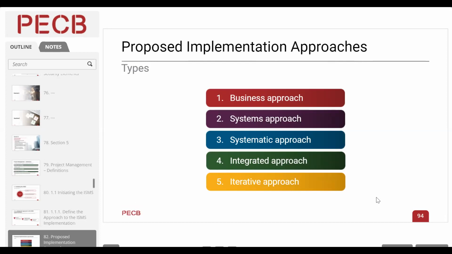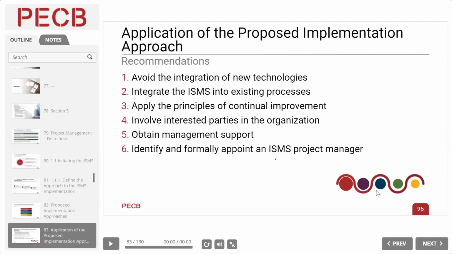The processes that we already have, we ensure that those processes are secure. That's the integrated approach. And then the iterative approach ensures that all components, the different activities from the different portions of the organization, are all considered and brought into line with the strategic direction of the organization, as well as the information security perspective.